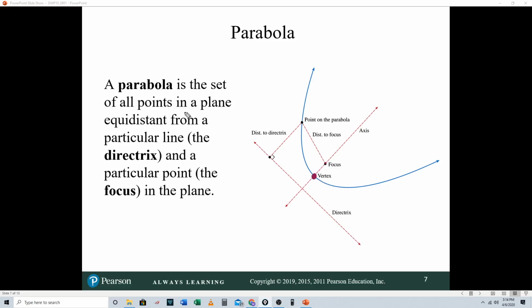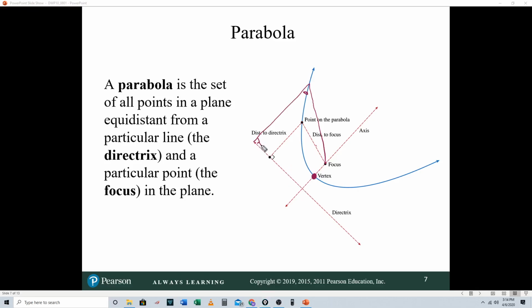All points on a parabola are an equal distance from a particular line, the directrix, and the focus. So every point on the parabola has the same distance from the focus point as the perpendicular distance to the directrix.